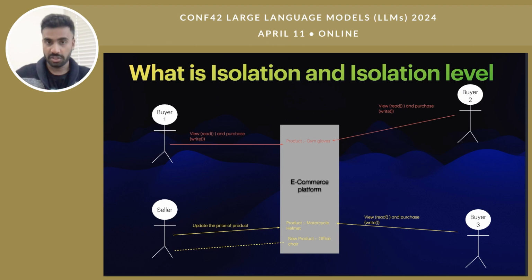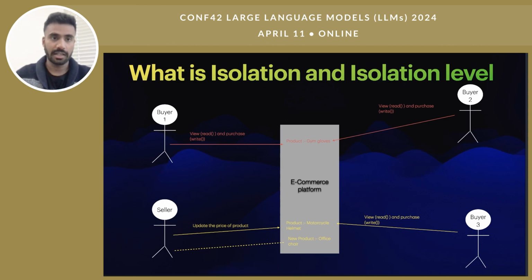It also controls whether a read operation referencing rows modified by another transaction, say here the seller updating the price of a product which buyer three is reading, blocks until the exclusive lock on the row is freed, or retrieves the committed version of the row that existed at the time the transaction started. It depends on the isolation level. So these are the things controlled by the isolation level.